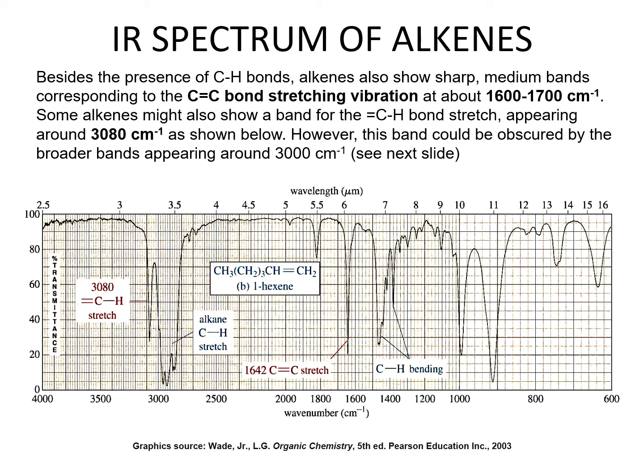It's a stronger bond, and there's more mass on the other side than there is with the hydrogen, so it's going to take more energy for that to happen. So even though it is a carbon-hydrogen stretch, it's a carbon associated with a double bond, so it's a little bit higher in wave number. So you can tell right off the bat, if you've got the little broad offshoot above 3000, you're going to have a carbon-carbon double bond in there. If you also have around 1640, that carbon-carbon sharp peak.